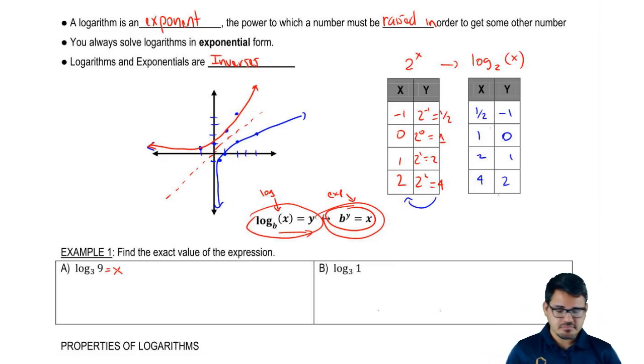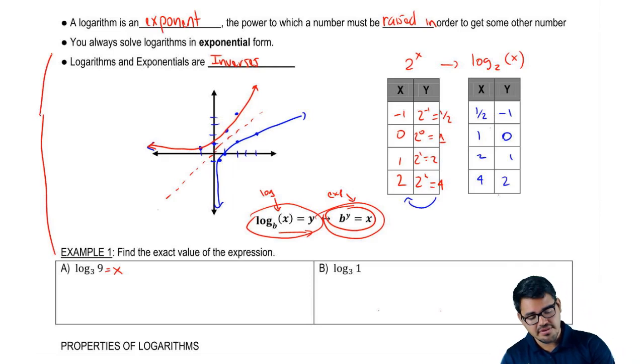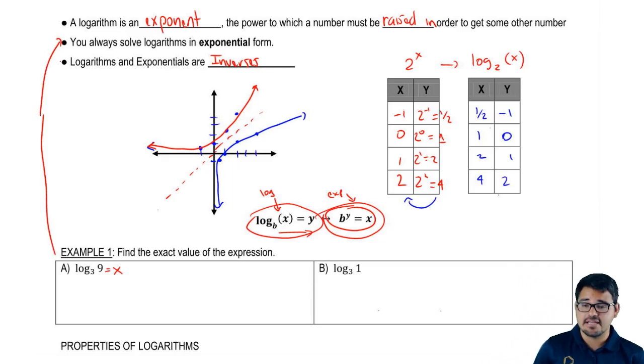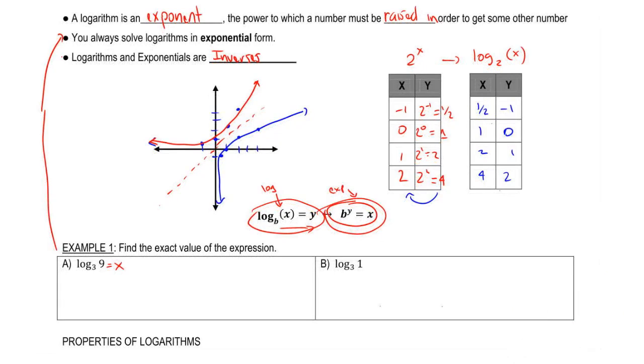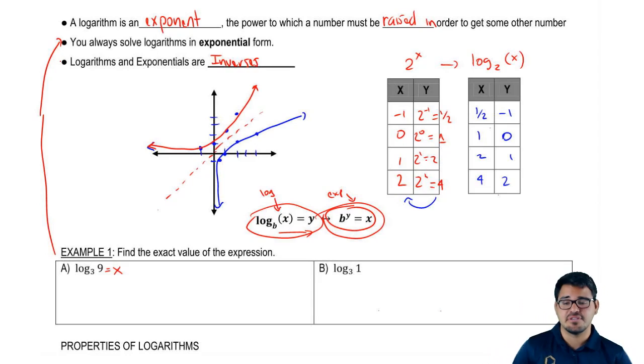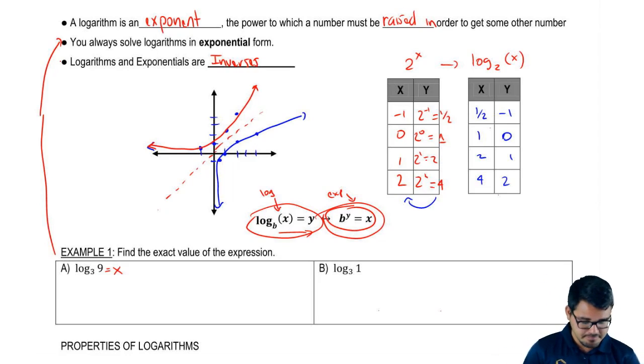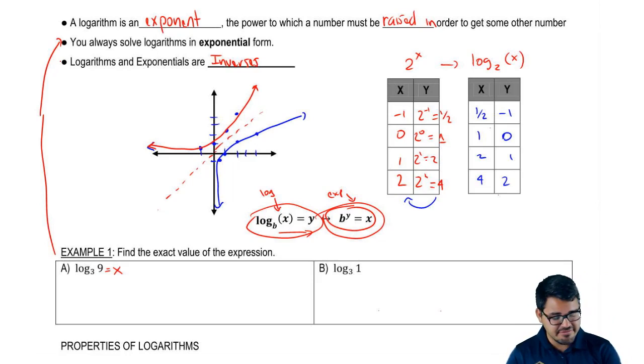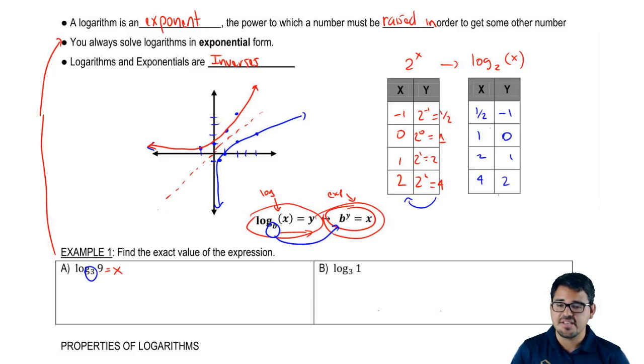So we go back to this point where we say that we always solve logs in exponential form. What that means is that we are going to switch from logarithmic to exponential, and we're going to do just that right now. First we need to identify every component of the logarithm. Here we have a 3, where we have a b. So our base of the logarithm is 3, and we're going to put the b as the base of our exponential.